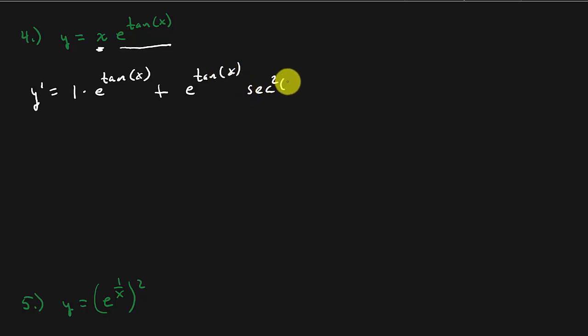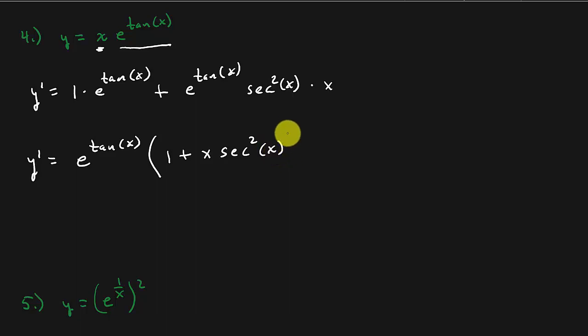It's secant squared. So this is the derivative of the second function, and then times the first function, so times x. And so that's going to give me y prime is e to the tangent x times 1 plus x secant squared x.